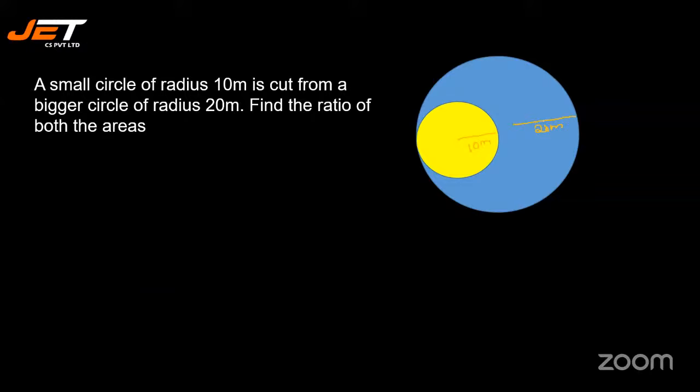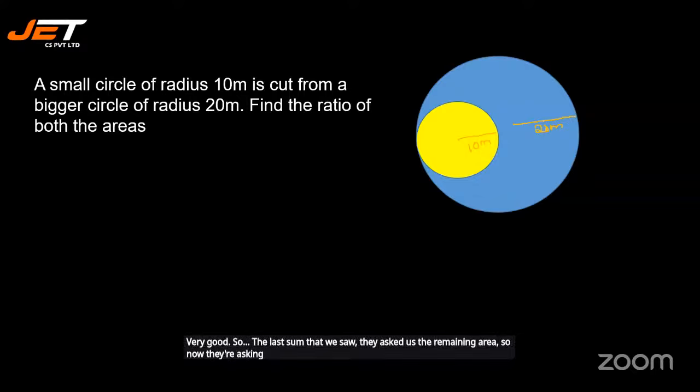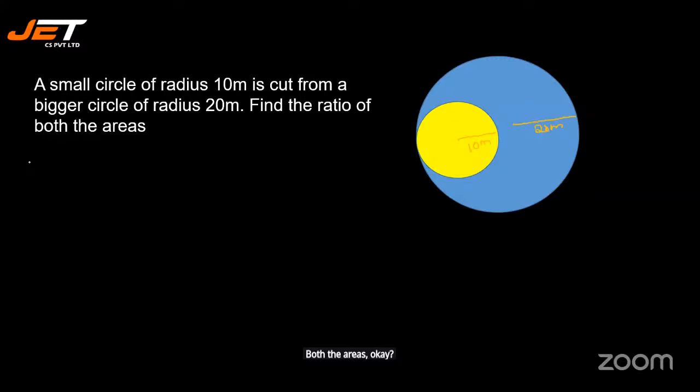Yes. Yes. But the question is different. Find the ratio of both the areas. Very good. So the last sum that we saw, they asked us the remaining area. So now they're asking us the ratio of both the areas.